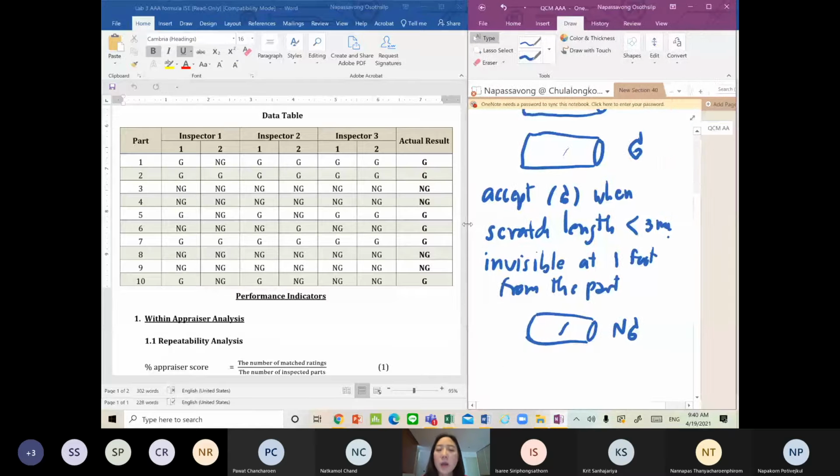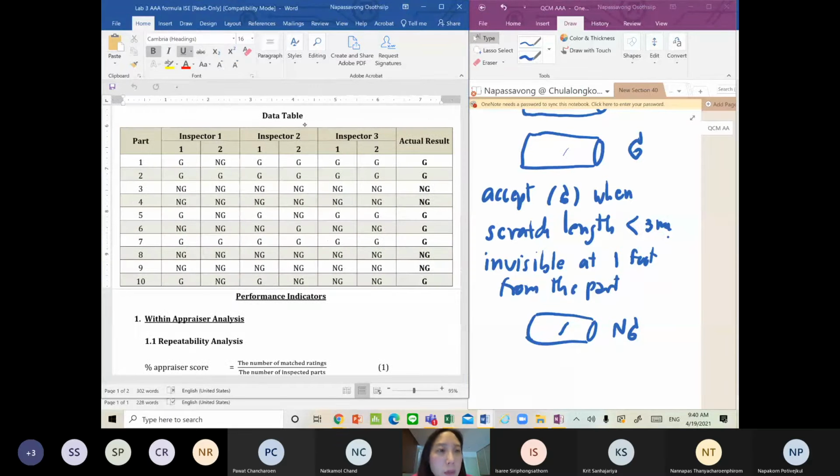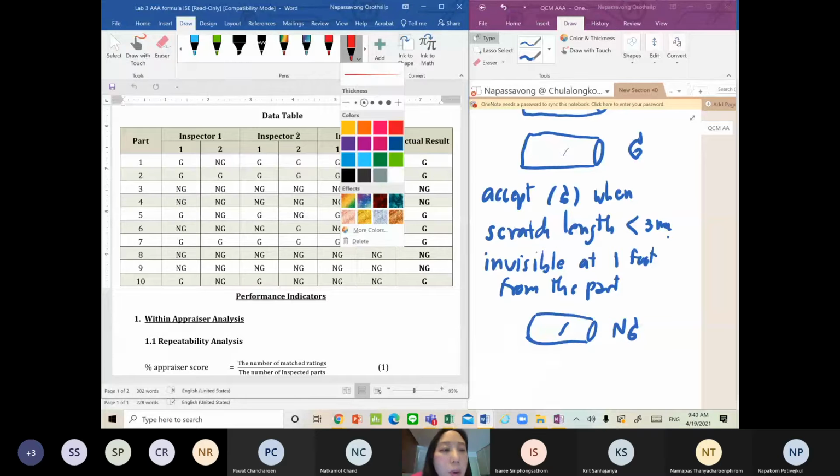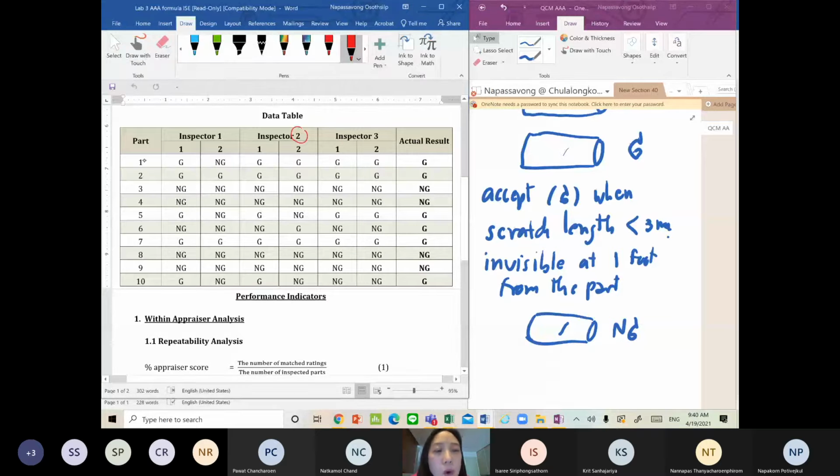Okay, great. Let's do this together for inspector number 2. Looking at inspector number 2, for part number 1, the first row, does this inspector give the same result or not?